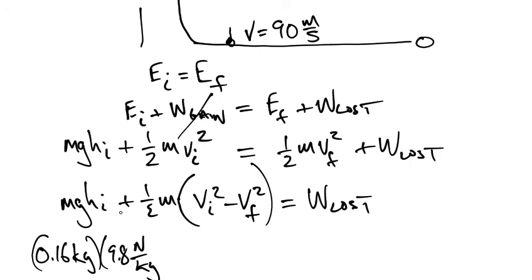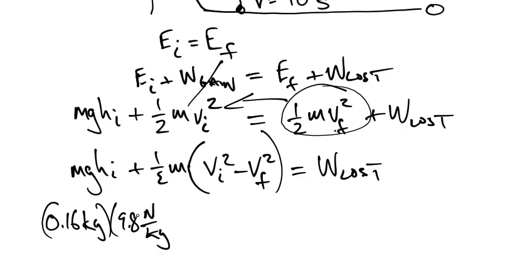What have I done wrong? Yeah, there's nothing wrong there. The initial velocity is on this side and final velocity is on this side. And if we take this term to that side, then it becomes initial minus final. Yeah, no mistakes.